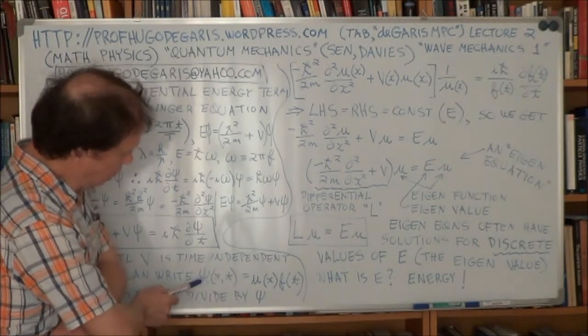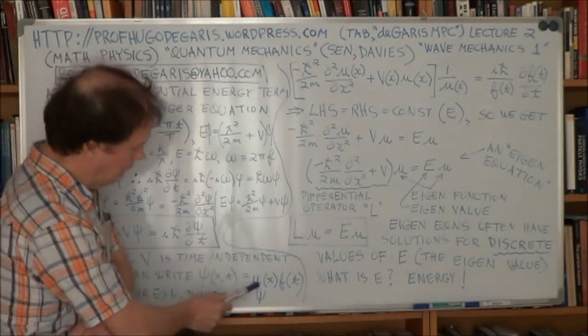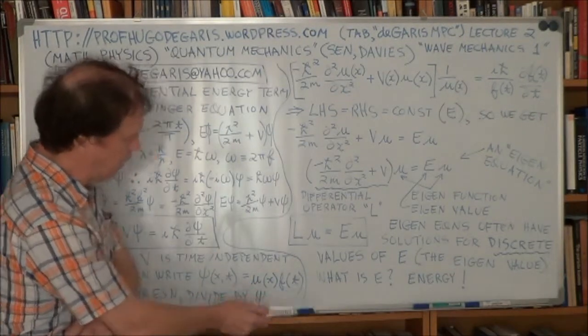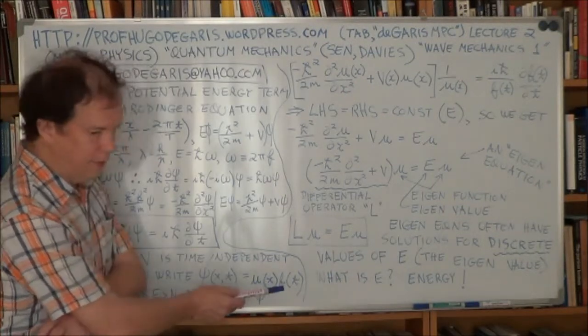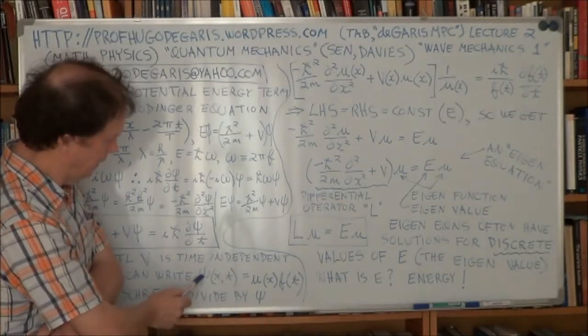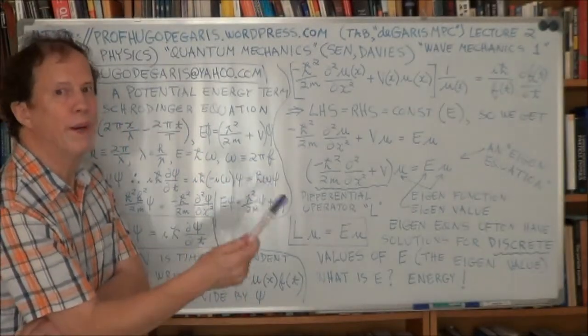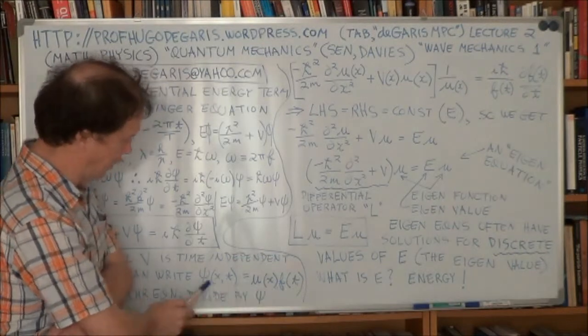Now you can rewrite that as the product of two functions, u of x and f of t. The u of x is just the spatial part of your psi, and the f of t is the time part of your function psi.